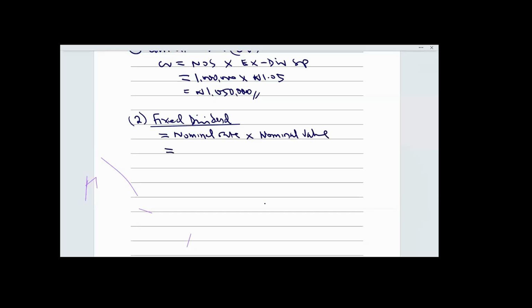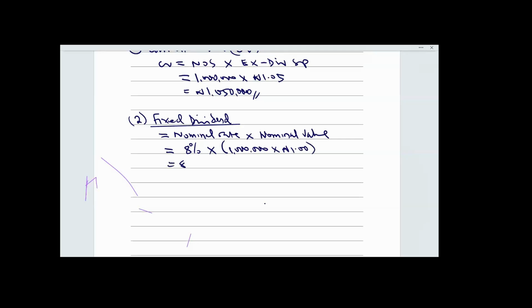In this case, the nominal rate is 8%. That 8% is the percentage of dividend that will be paid. The nominal value is 1 million shares multiplied by 1 naira.